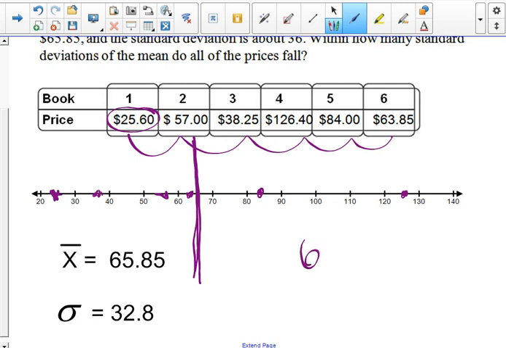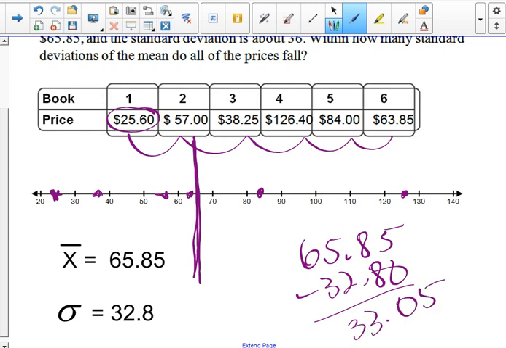So 65.85 minus 32.80, and then you want to add 32.80 and get your first standard deviation. So we're going to go 65.85 minus 32.8. So we get 33.05.